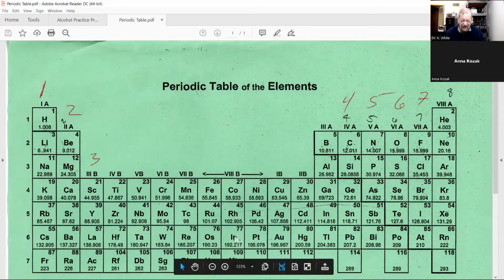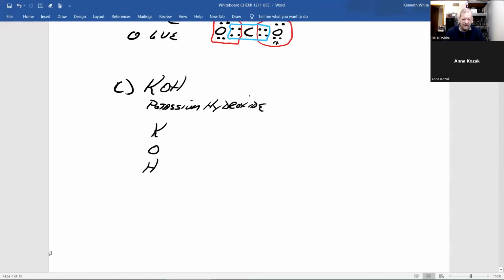So let's take a look at this. This will always form this and lose 1 electron. Oxygen has 6 valence electrons. Hydrogen has 1 valence electron.